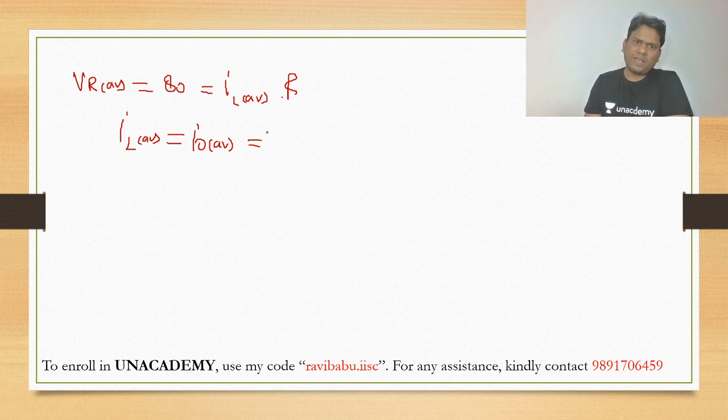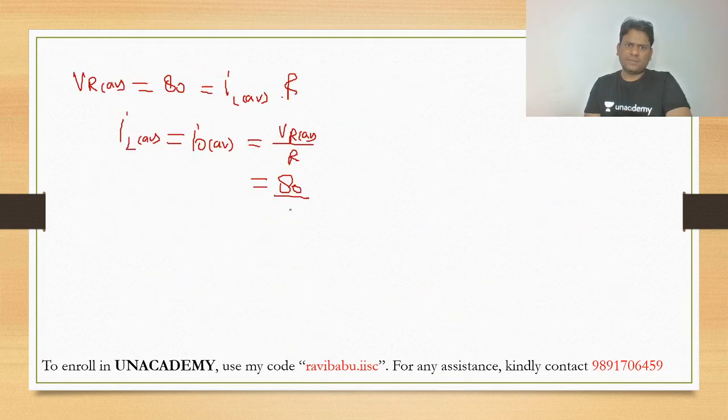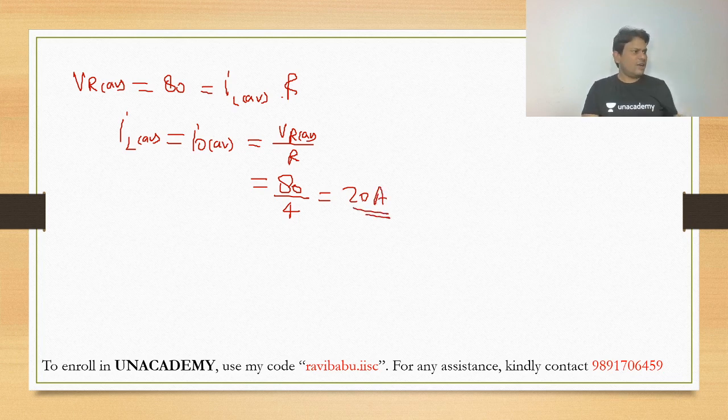IL average or I naught average is VR average by R. So 80 by how much? The value of R is 4. So 80 by 4 is how much? 20 ampere. Now tell me everyone, is it clear to all?